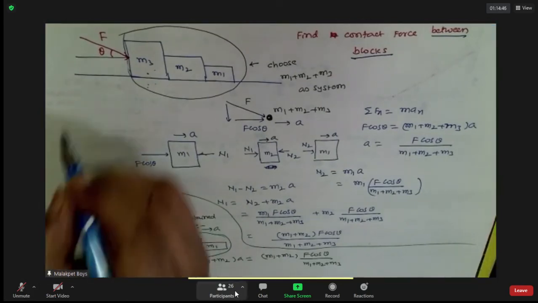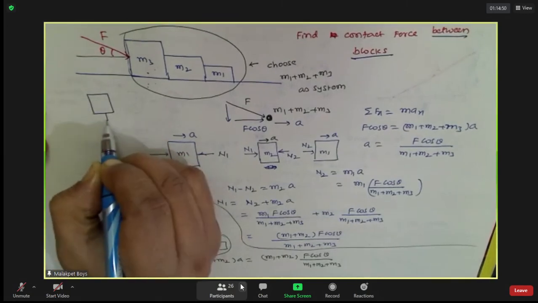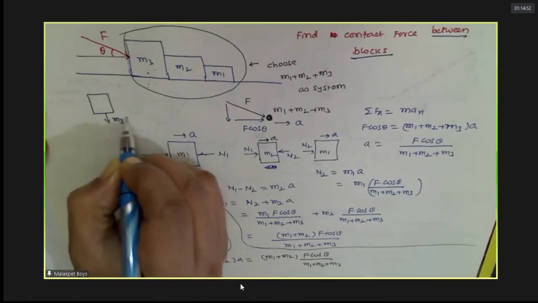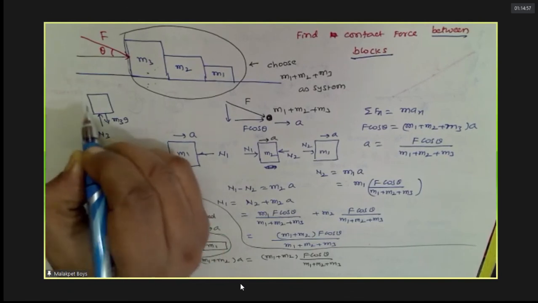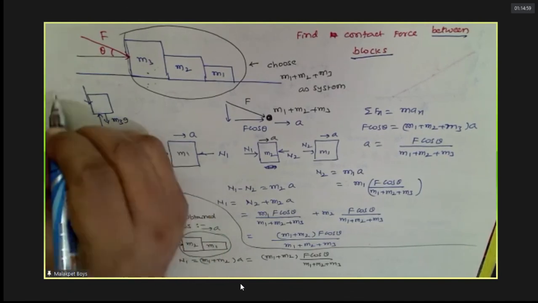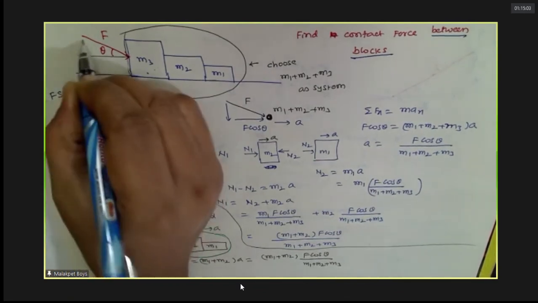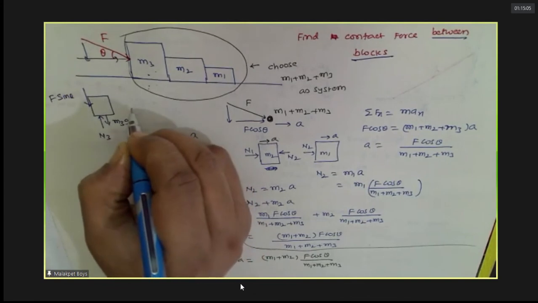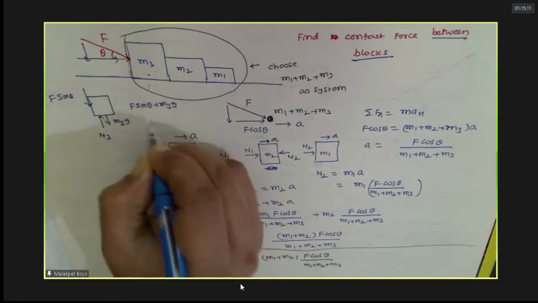Okay, sir. Suppose, for example, I need it for this. He is not asking. Then, see, this is some N3. Then there is a force on this also. What is that? F sin theta. Then what you have? Is it balanced by N3 now?